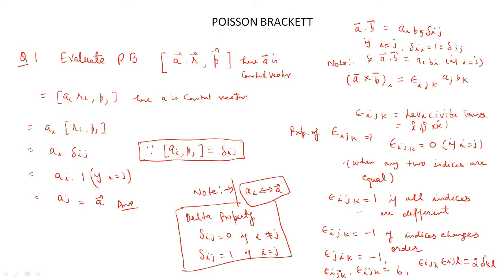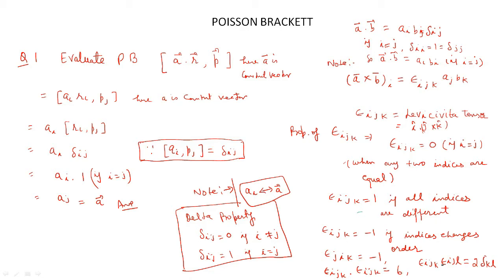Another property of the Levi-Civita tensor is that epsilon_ijk epsilon_ijk is equal to 6, because there will be factorial 3 terms for ijk, and each term will give you output 1. So the sum of all the terms will be equal to 6.